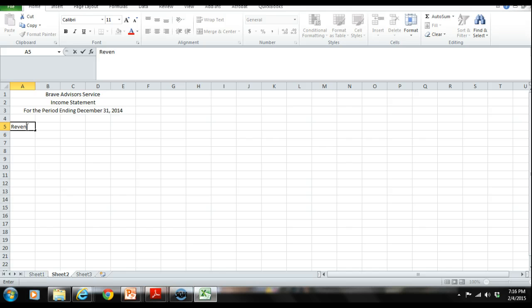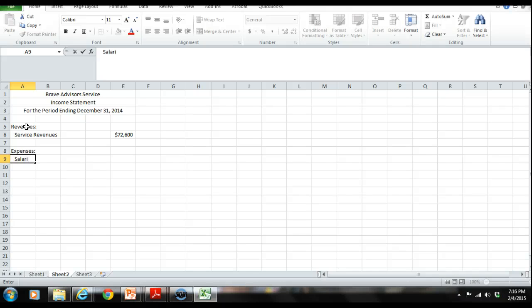We're going to start with revenues. Service revenues of how much? 72,600. Then we're going to come up with our expenses. What expenses do we have?